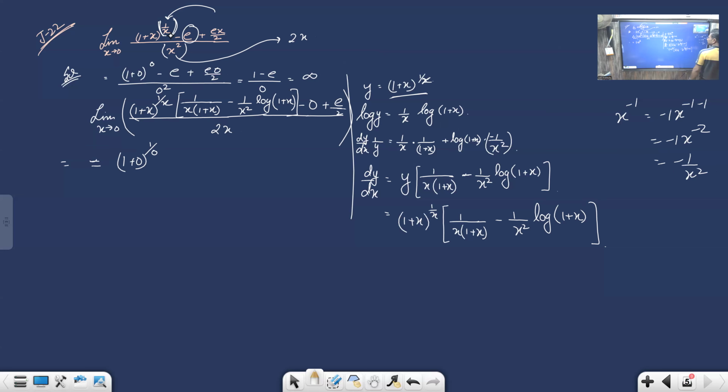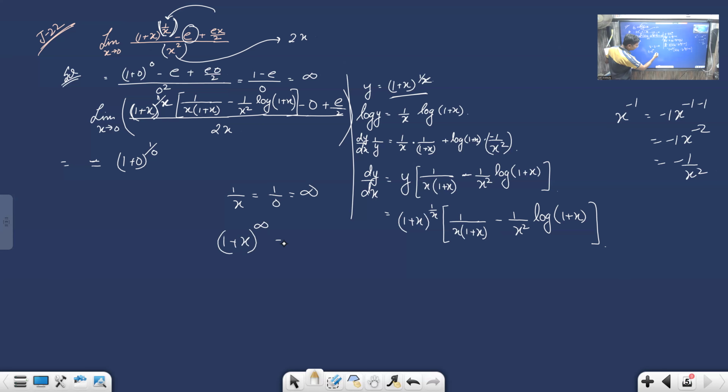I couldn't accept it, sir. See, every time you differentiate, you are going to get this 1 by x, and 1 by x every time generates 0, and 1 by 0 is infinity. And this is always 1 plus x, so (1 plus x) to the power 1 by x.